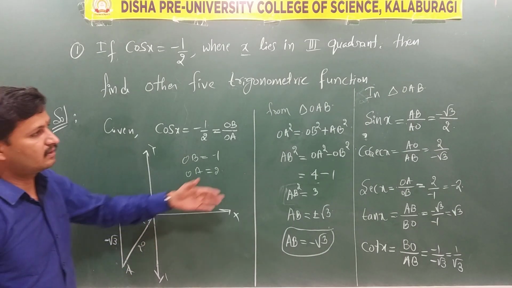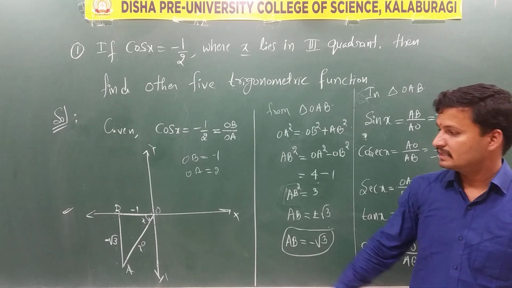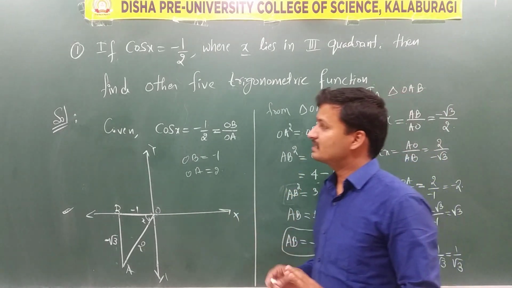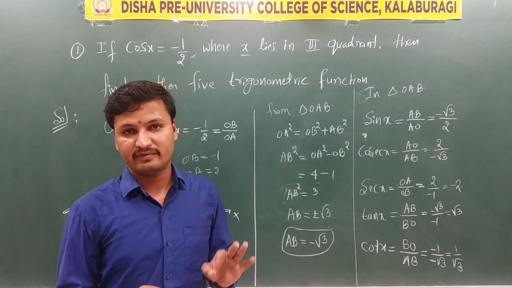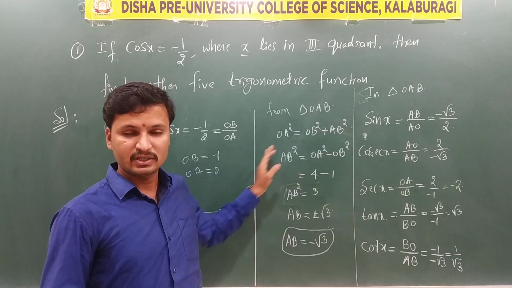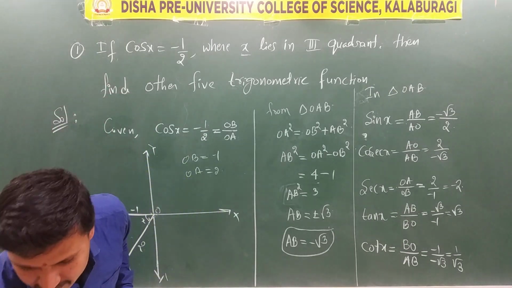Then obviously we can define all these 5 trigonometric functions using the sides of a triangle. We will get the result. This is by using the definitions of these trigonometric functions using the sides of a triangle.